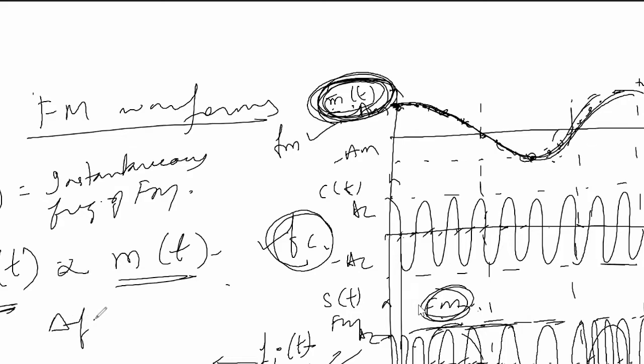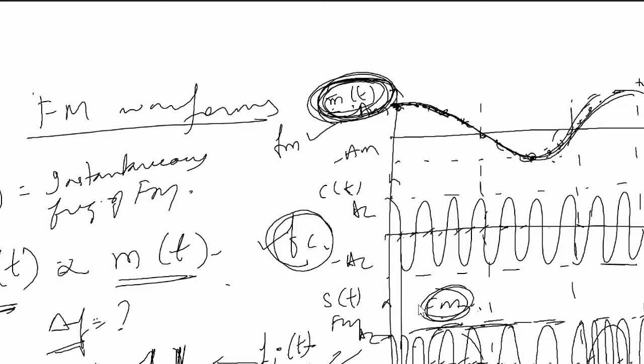Now what is frequency deviation? From where has this del f come? The difference between the instantaneous frequency and the carrier frequency, the magnitude, modulus, positive value, because frequencies are always positive, is called frequency deviation.